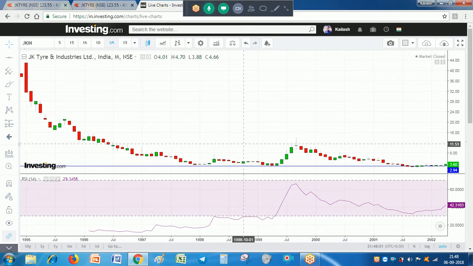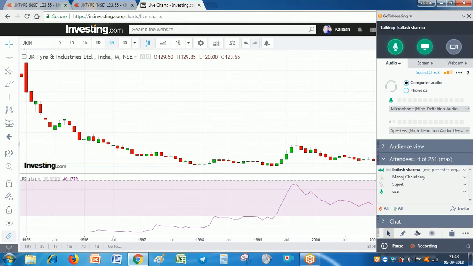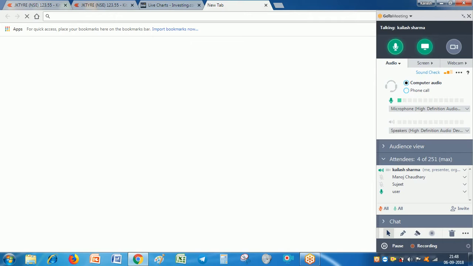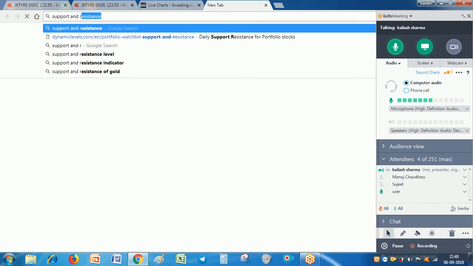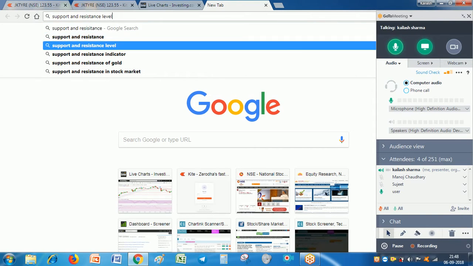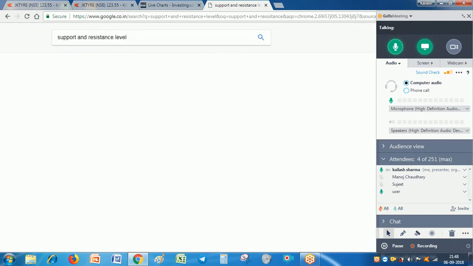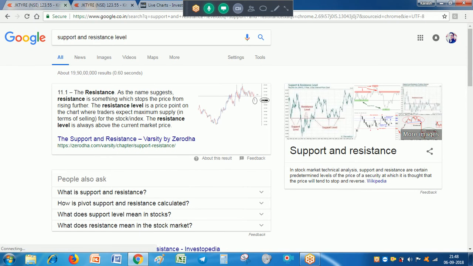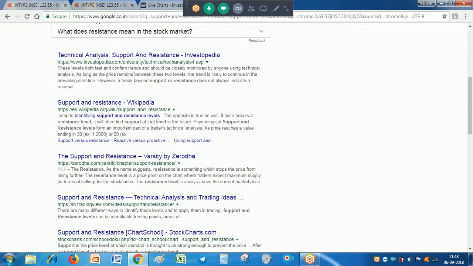So I will just Google search it. Let us try to understand the meaning of support and resistance. I will just type it for your knowledge: support and resistance. Okay friends, so I have got this. Let us go to Wikipedia, to technical analysis.